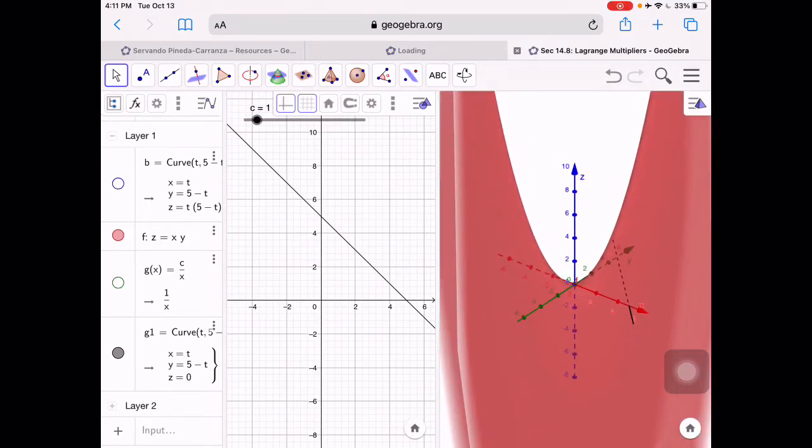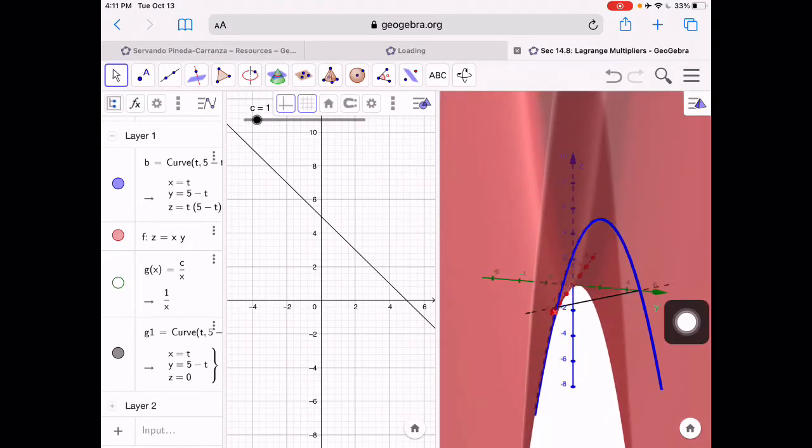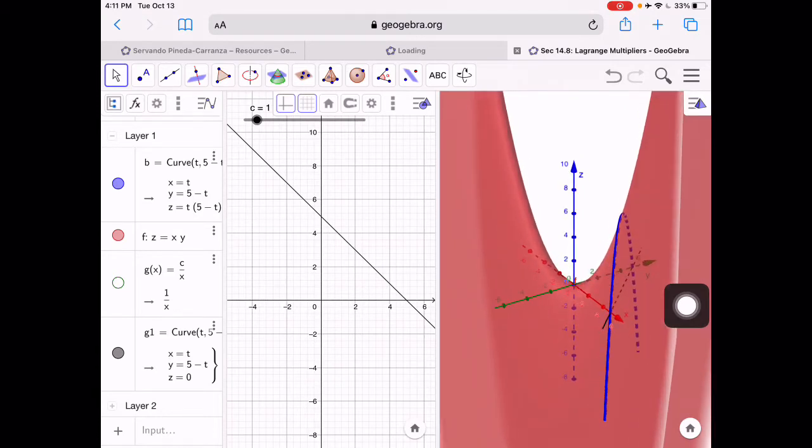And because we're only looking at points that lie on this level curve, that black level curve, 2x plus 2y equals 10, when I plug those points into my function, I'm getting all the points that lie on the surface, which looks like this parabolic curve here.